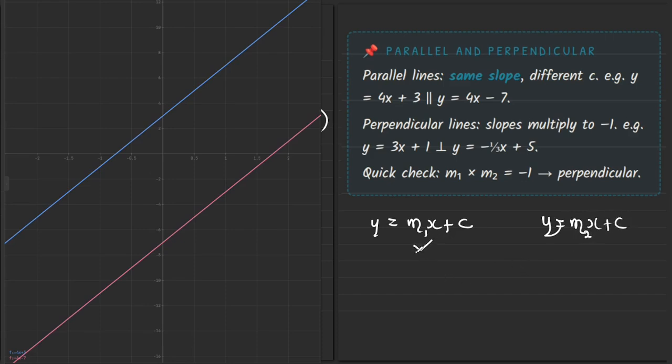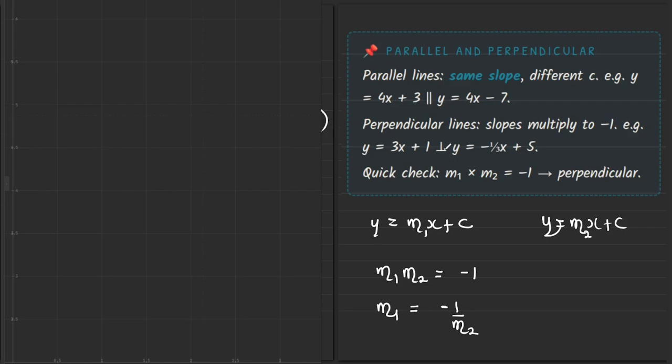If this function is perpendicular to this, then what it means is if we multiply their gradients, we'll get -1. Or we can say the gradient of one is the negative reciprocal of the other. So that is making m1 the subject. We will divide both sides by m1, and then it is going to be right here, as you see. So these are two conditions you should know.